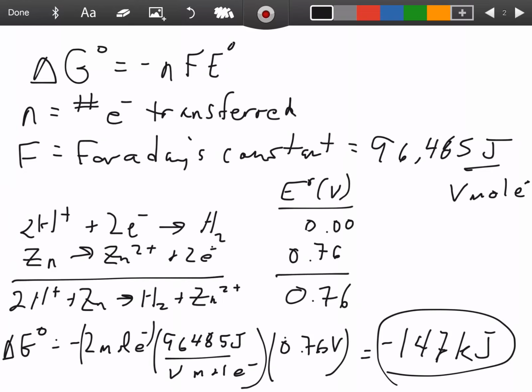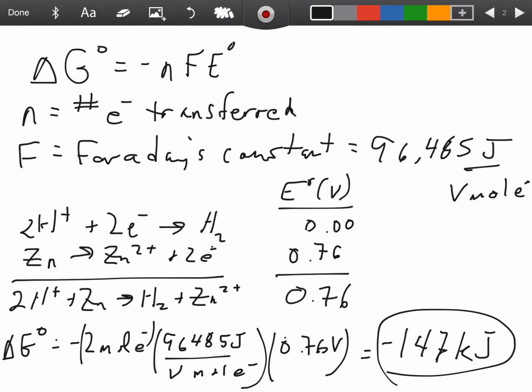The half reaction of zinc going to zinc 2 plus turns out to be a positive 0.76 volts. And when I add these two reactions together, I get the reaction of interest here, the 2H plus and zinc going to H2 plus Zn2 plus. That one happens to then be just the addition of those two potentials. So 0 plus 0.76 is still 0.76.